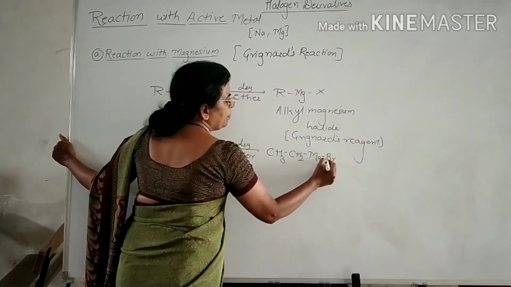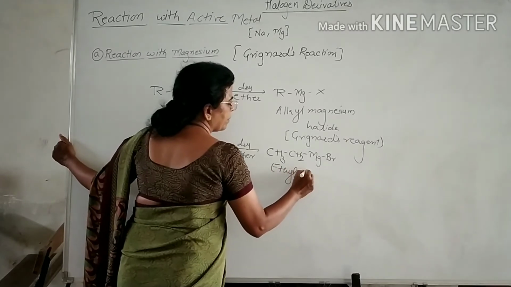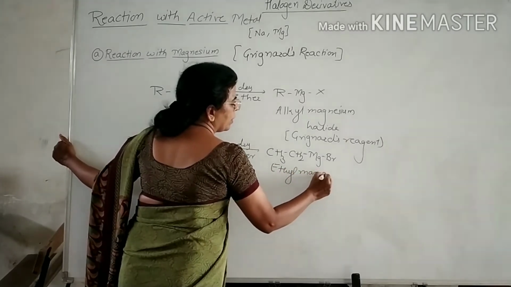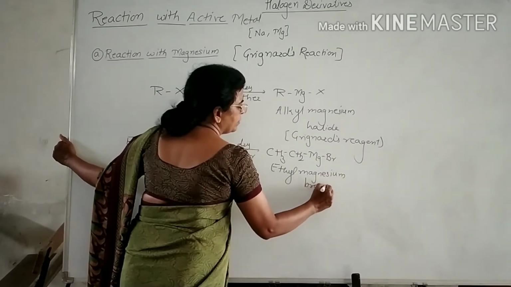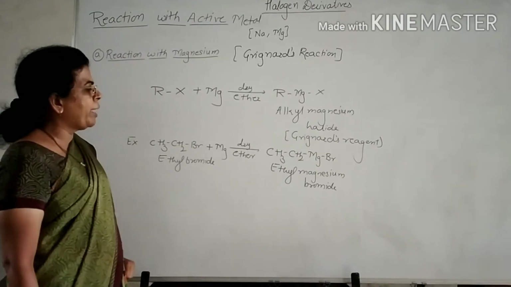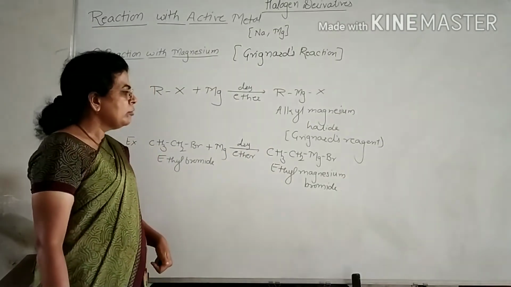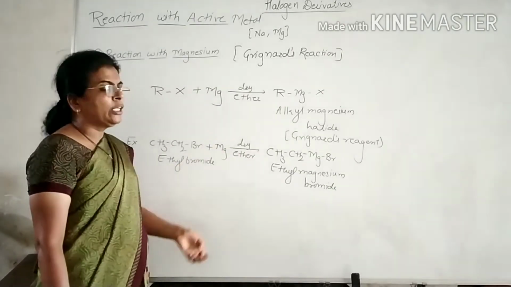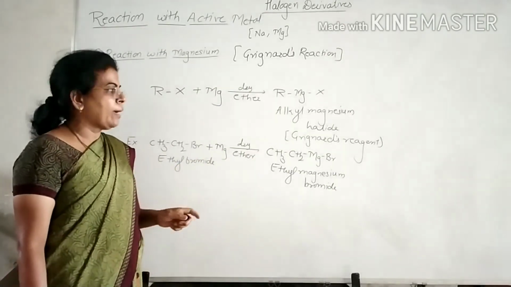This is an addition product. Now this ethyl magnesium bromide is known as Grignard's reagent. This Grignard's reagent is very useful for the preparation of various types of organic compounds.